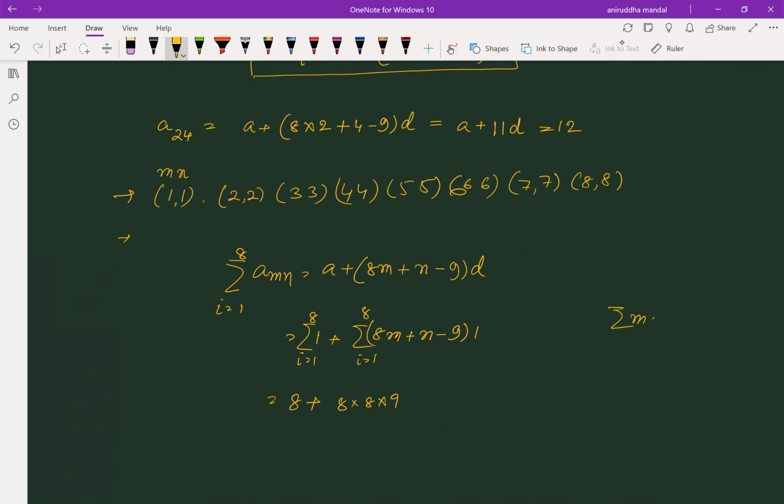We have used the sigma formula, n into n plus 1 by 2, plus sigma n is also n into n plus 1 by 2, minus this 9 into sigma 1. Sigma 1 is 8.